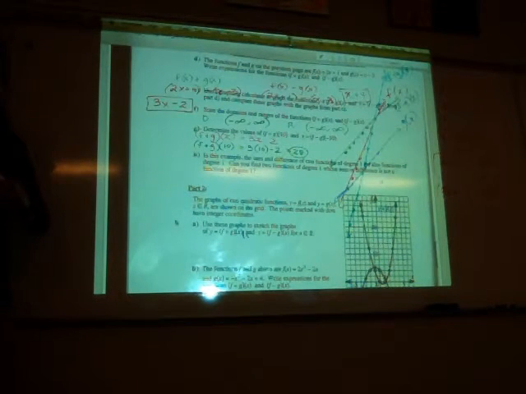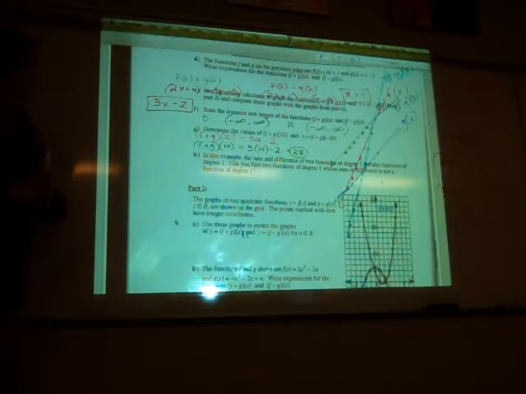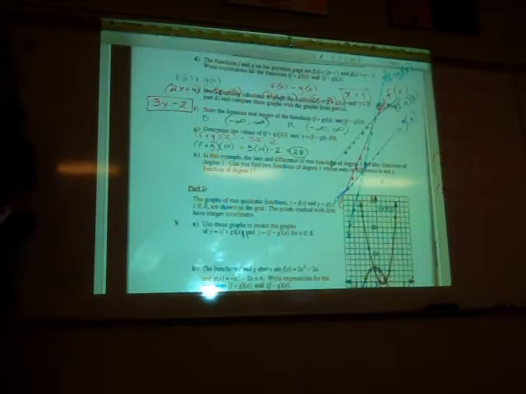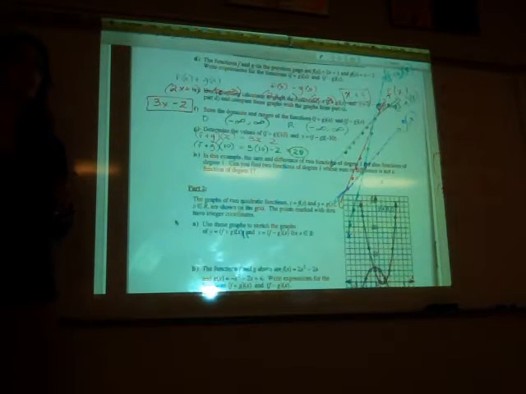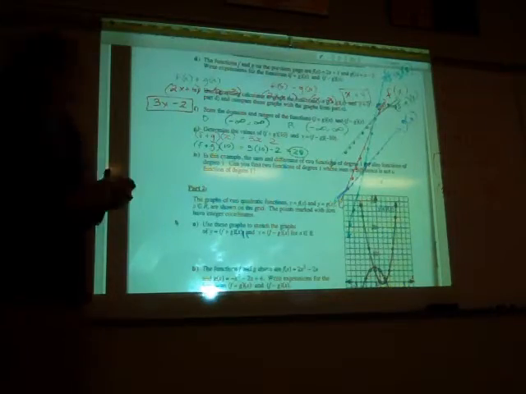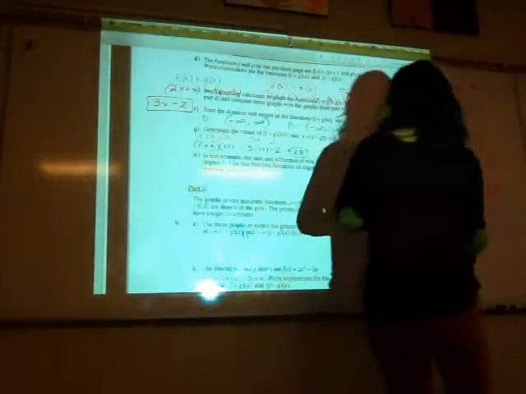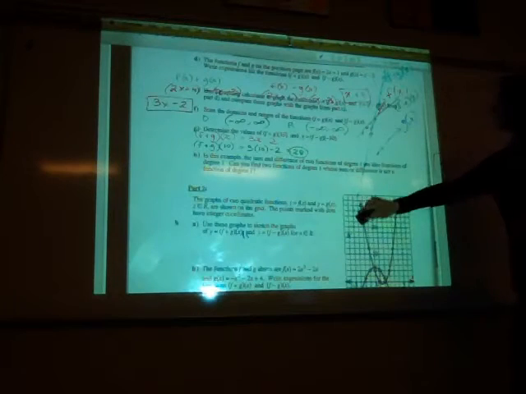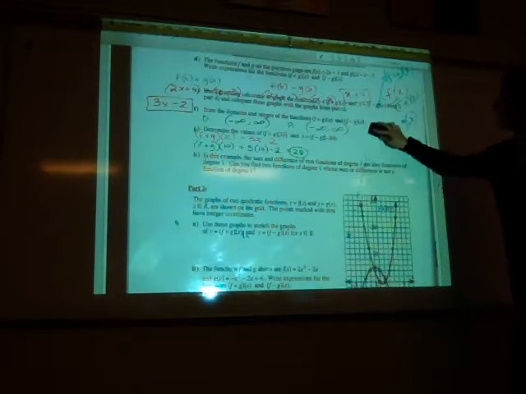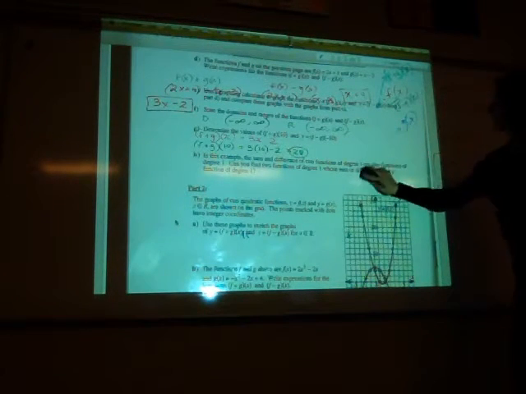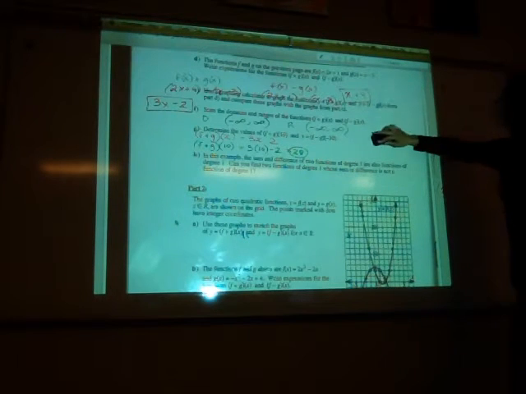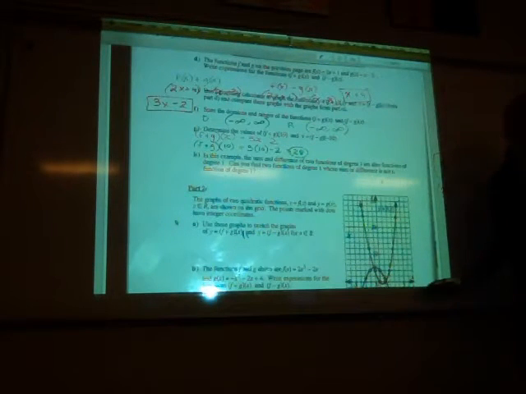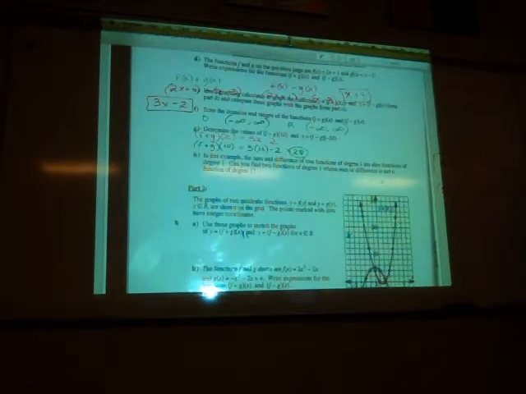So just for practice, once you guys finish writing that one down, I want you to try the next one, f minus g of x. But this time, instead of x, we're subbing in a negative 10. Okay, f of x minus g of x we had as x plus 4.